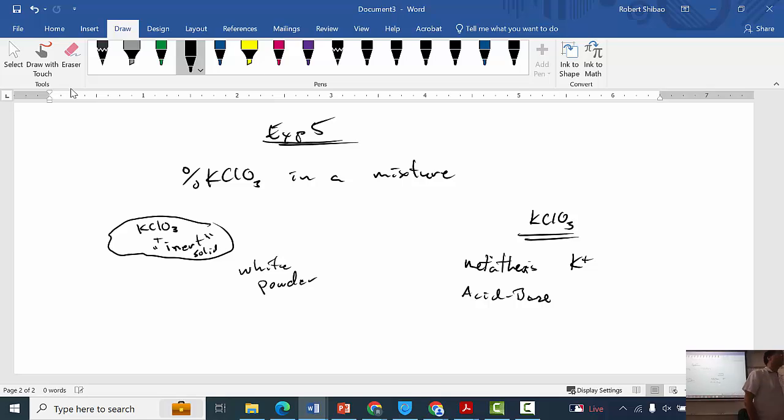Bronsted acid. What do you think? Huh? It's not an acid. So metathesis, nothing. Acid base, nothing. How about redox? Yeah, potassium ion is on the redox chart, but it's extremely strong or extremely weak.